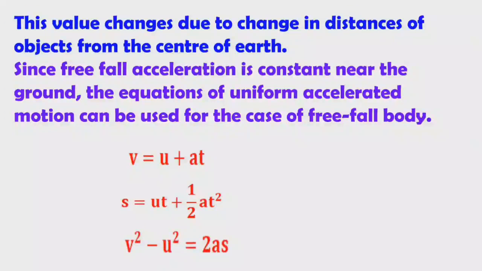V square minus u square is equal to 2as. These are the equations of uniformly accelerated motion.